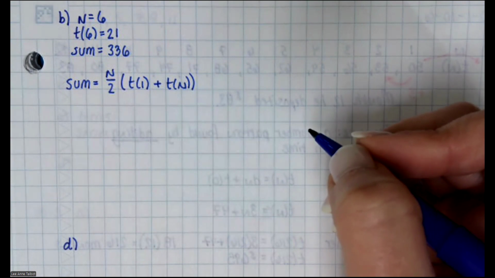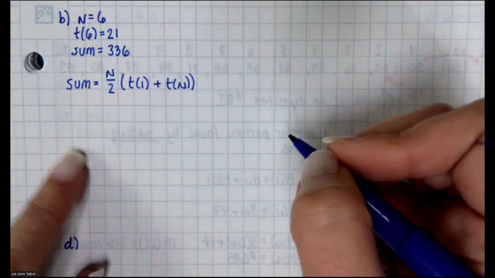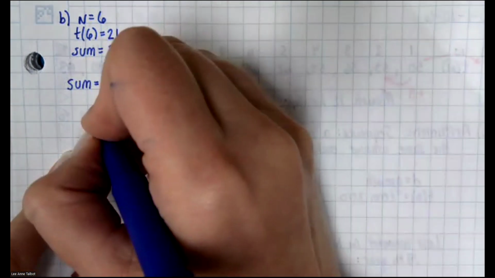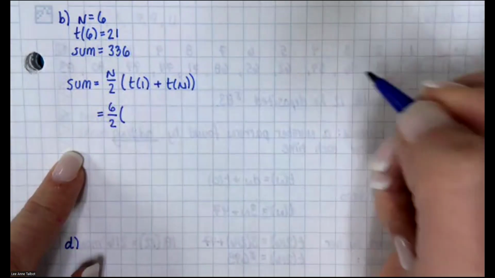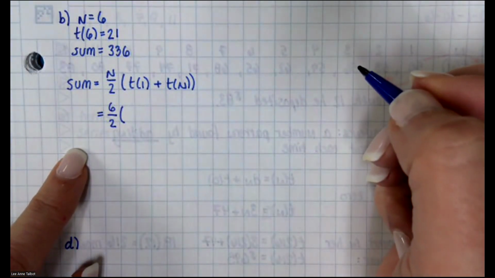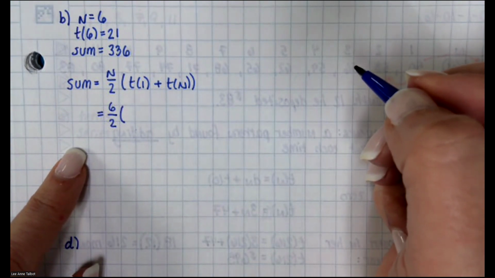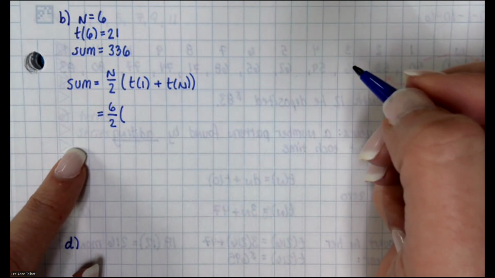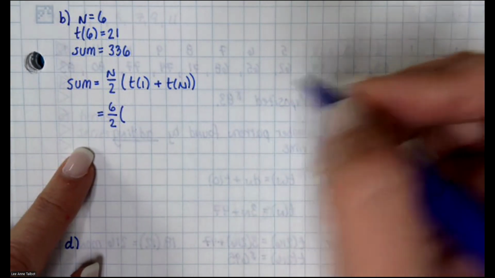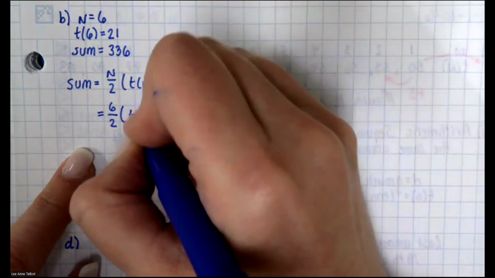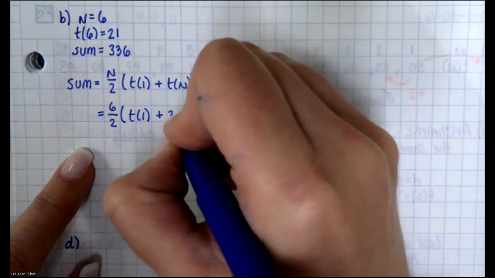What can I fill in right now? So 6 over 2, first term plus 21.